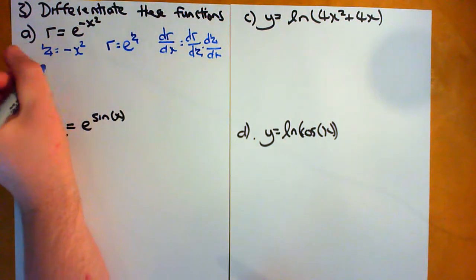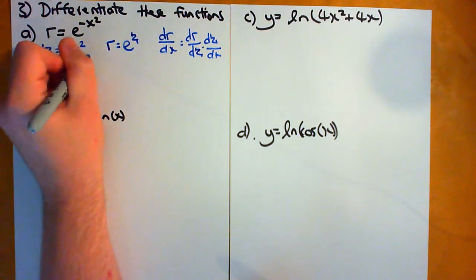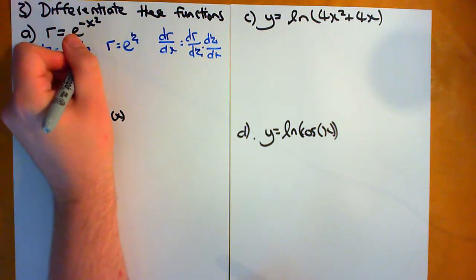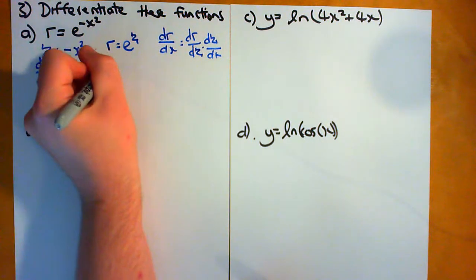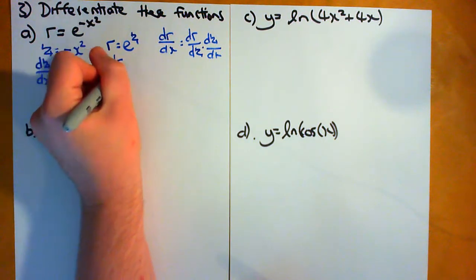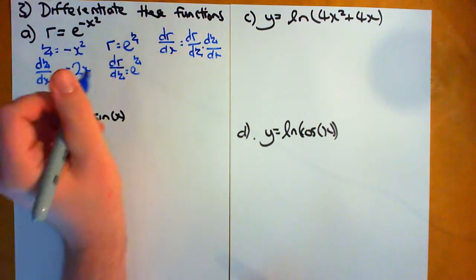So we've got dz by dx equals, differentiate that thing, we get negative 2x to the power of 1, which is negative 2x, and the exponential function differentiates to itself. So dr by dz is just e to the z.